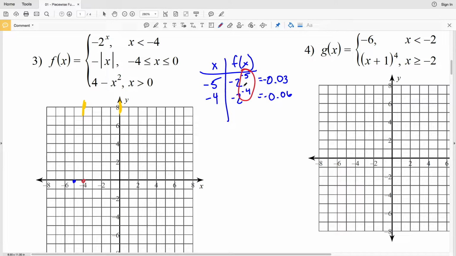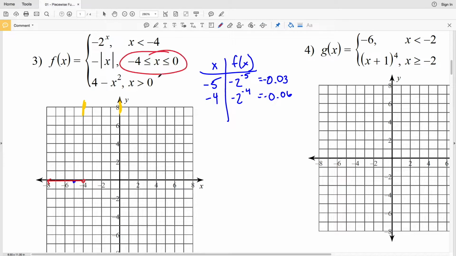And as we go further into the negatives, such as negative 6, negative 7, negative 8, and so on, we're getting closer and closer to 0. But with the intervals of our graph, it's very hard to see, so we'll just draw a line connecting those 2 points and continuing on right below that x-axis to where it looks like it's almost touching.